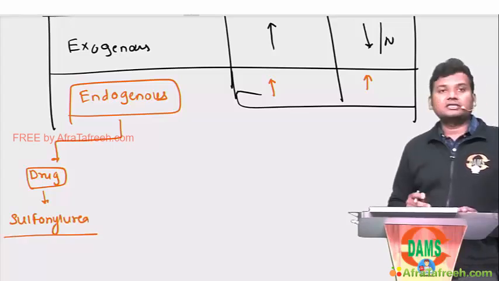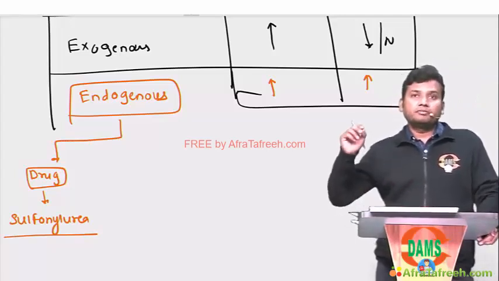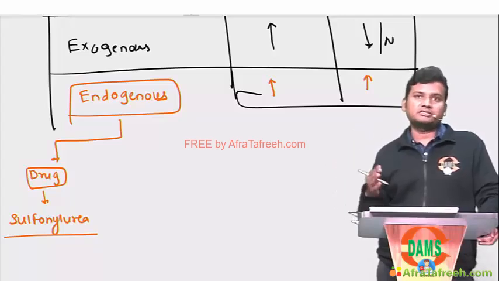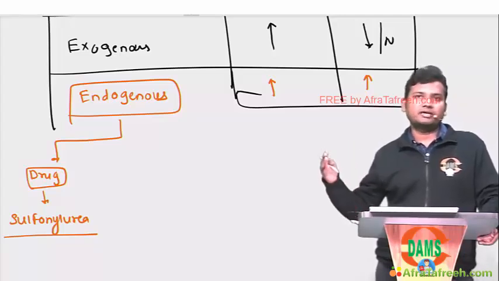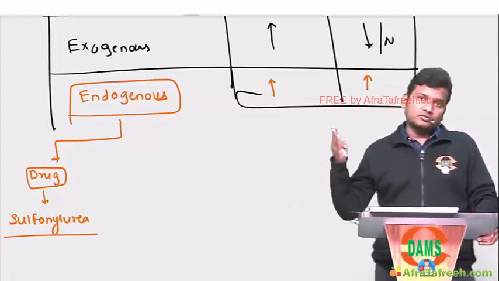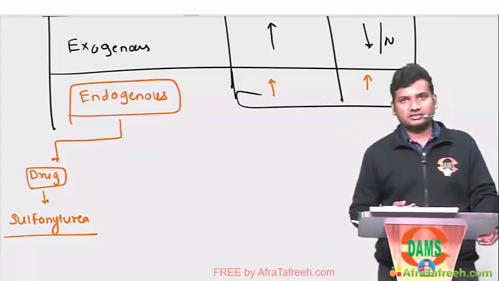Now for this in MCQ, you have to read the history of drug intake or treatment of diabetes. The patient is a known case of diabetes having hypoglycemia and is taking a regular drug. Then you will suspect the patient is having drug induced hypoglycemia.